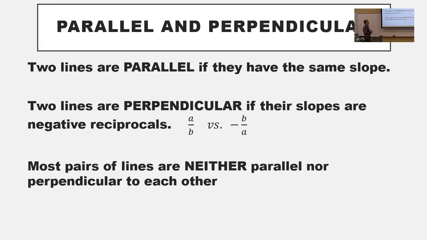If two lines are perpendicular, then their slopes are going to be negative reciprocals of each other. That means if I think of one as A over B, then the other one is going to be negative B over A. Reciprocal means I change the numerator and denominator, so think of flipping the fraction. And then the negative means if I start with a positive, my other one's negative, or if I start with a negative, my other one's positive.